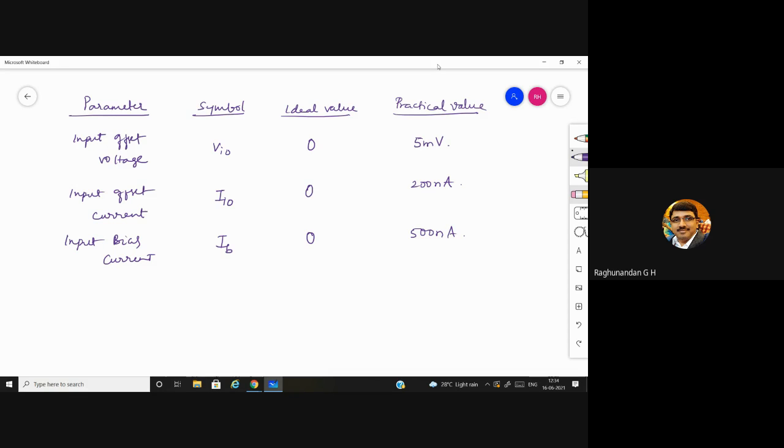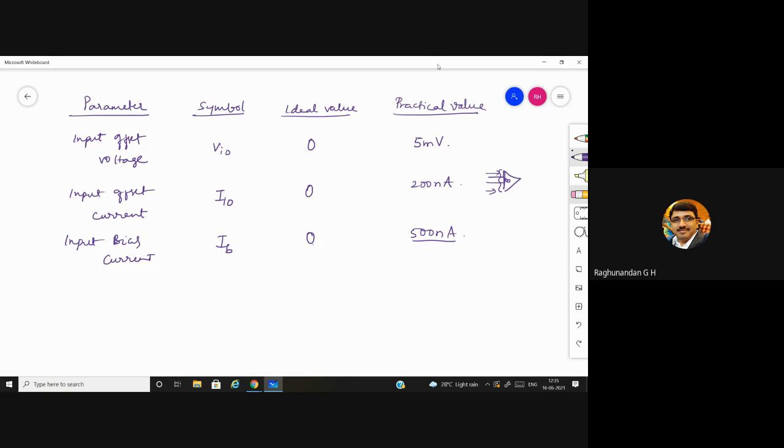Yes, very good. It's the right answer. Input impedance is infinity. When the input impedance is infinity, how can a current pass through it? So that's why ideally we take it as 0. But practically, it is not infinity, it is some mega ohms. That's why we consider it to be 500 nanoamperes of current.